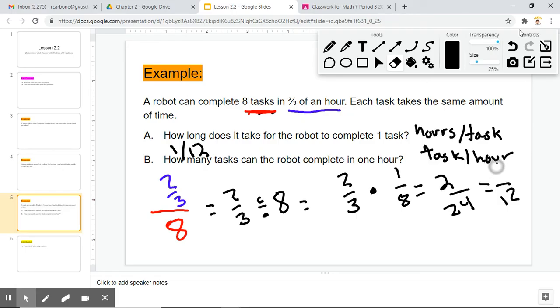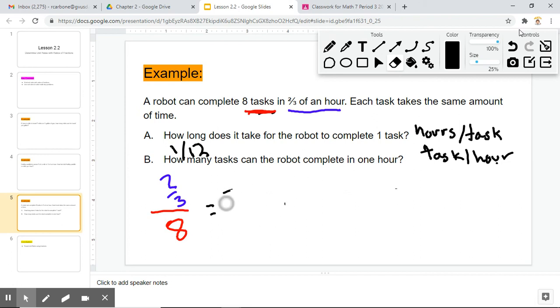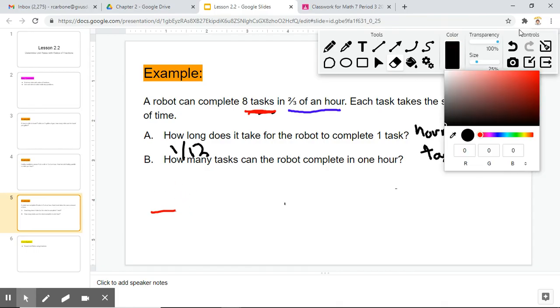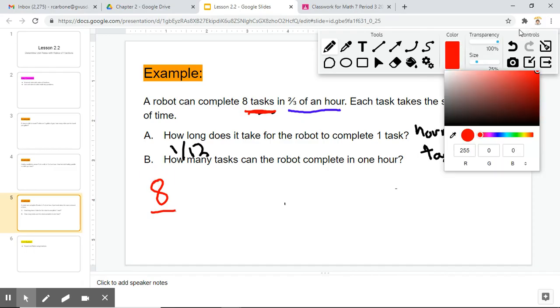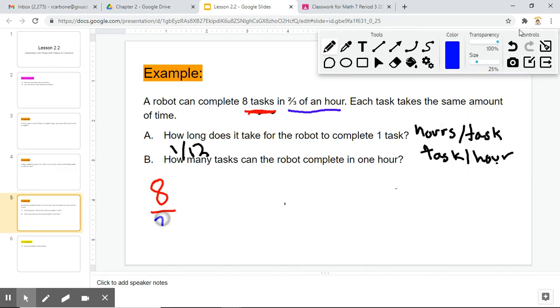Hours per task. All right, now we want to find out tasks per hour. This is the more usual one that you would be asked to find here. So what changed here? Well, we went from hours per task to tasks per hour. So it looks like all we have to do is change this fraction here from 2/3 over 8 to 8 over 2/3. So just a quick, simple flip around here.